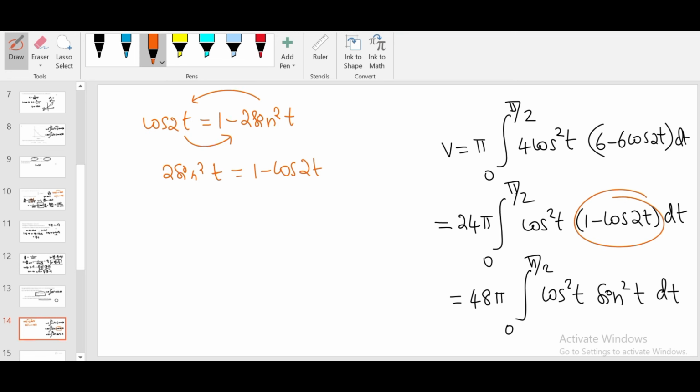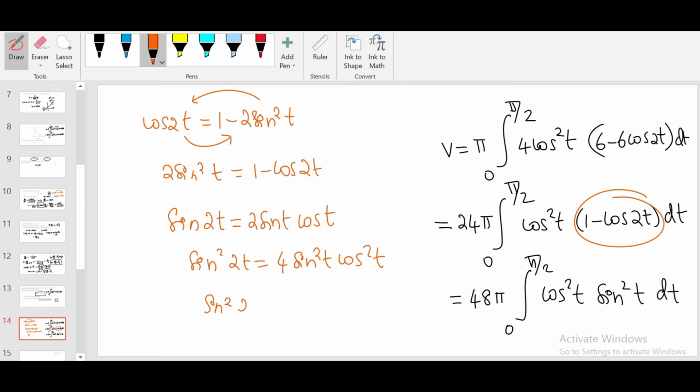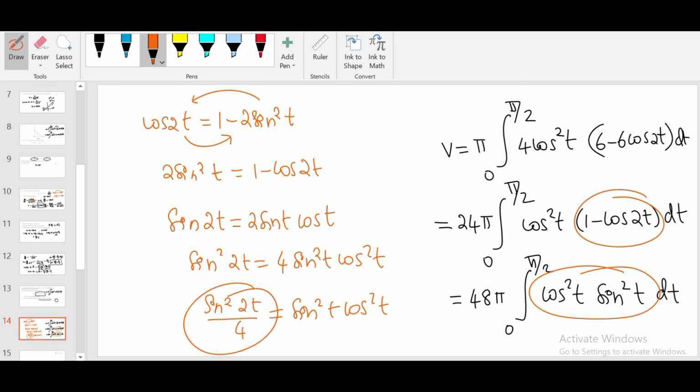We have one more identity, sine 2t is 2 sine t cos t. Square both sides. Sine square 2t is equal to 4 sine square t cos square t. Divide by 4, you will get sine square 2t divided by 4 is sine square t cos square t. So what I'm going to do, I'm going to replace this by sine square 2t over 4.